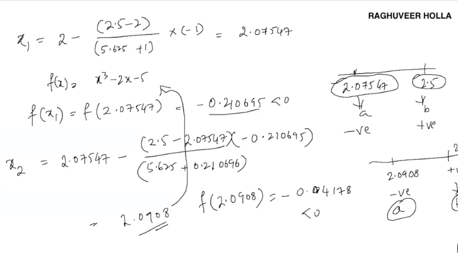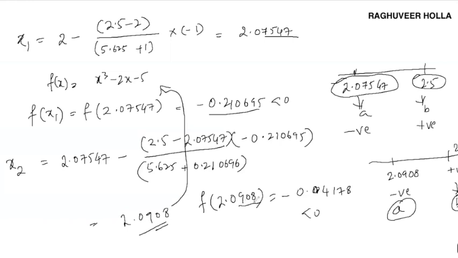So let us get x3 here. Please notice the values which you're getting here. This is 2.075. This is 0.90.